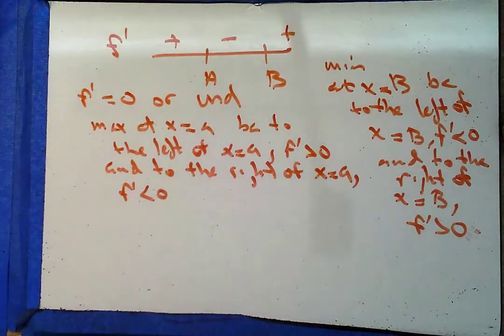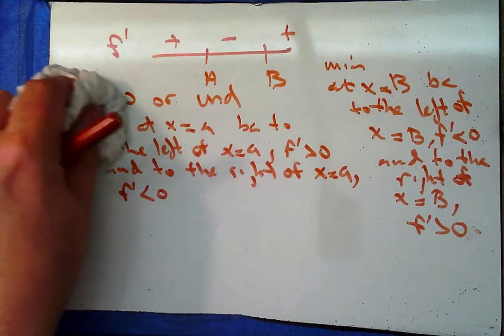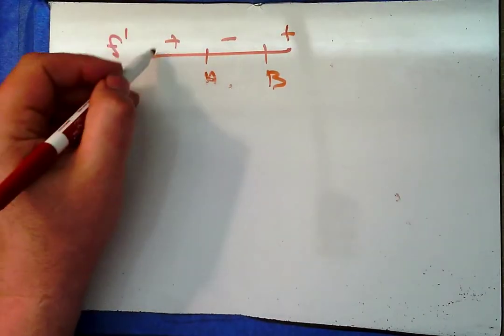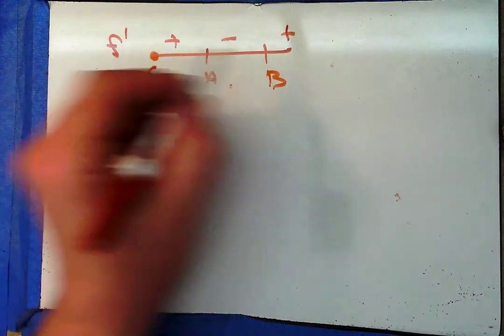So I can certainly use the first derivative test to help me find maxes and mins. Don't forget, we could also have maxes and mins at endpoints.